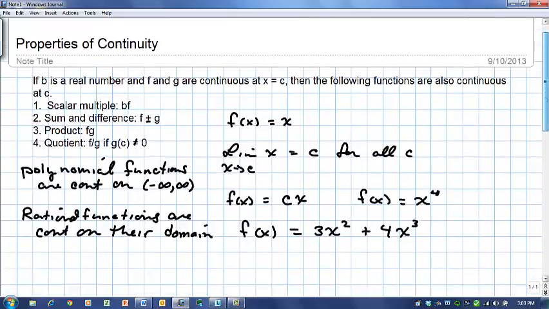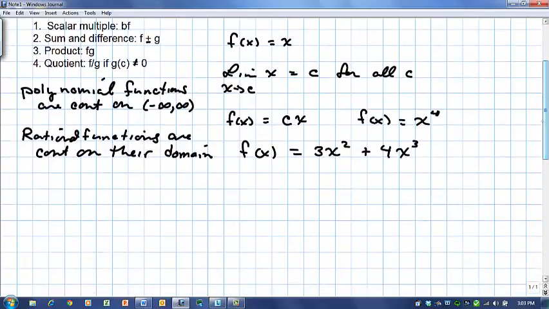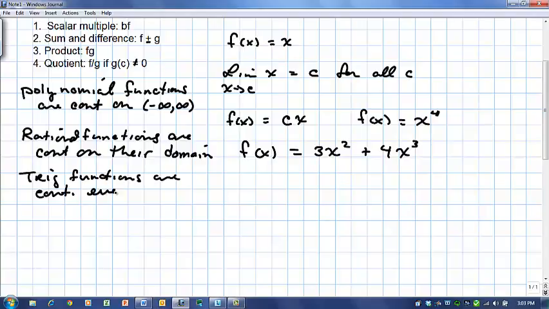We also know that because the limit of a trigonometric function is equal to the value of the function anywhere on its domain, that trigonometric functions are continuous everywhere on their domain.